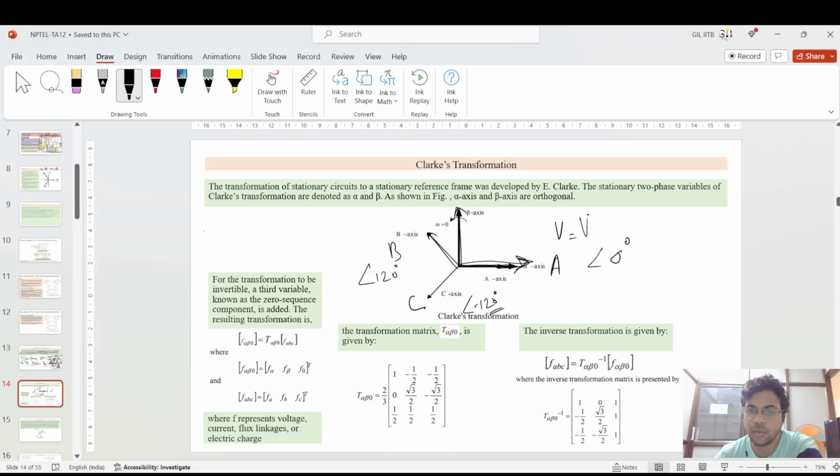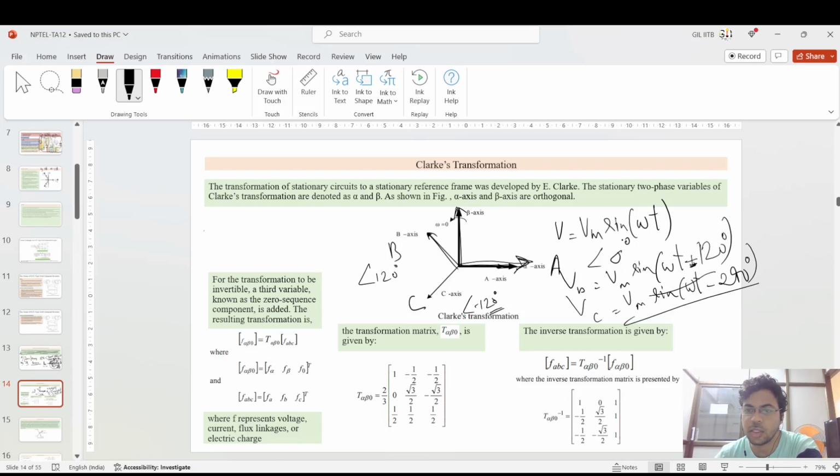In this frame, this is actually a time varying situation, because Va is Vm sine omega t, Vb is Vm sine omega t minus 120 degree, and Vc is Vm sine omega t minus 240 degree. In this situation, these are time varying components.